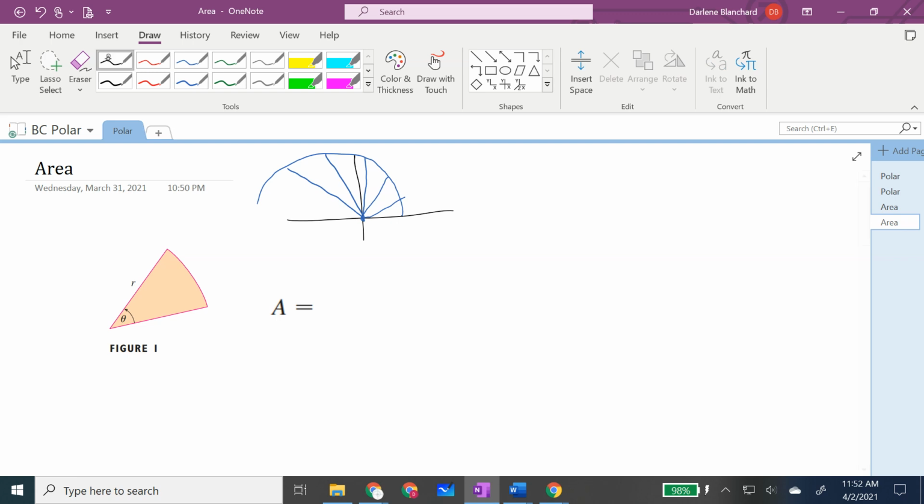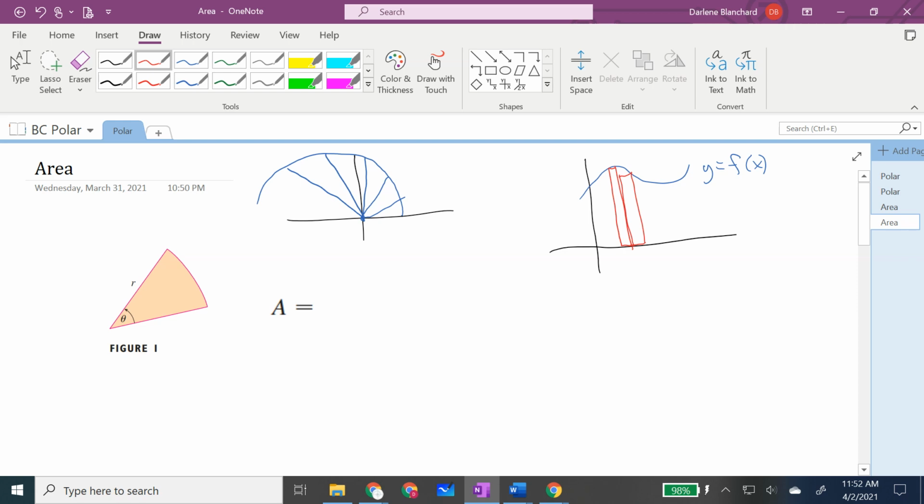So what I want you to see is, instead of rectangles, which we needed back when it was y equals f of x, we found area through rectangular Riemann sum approximations.